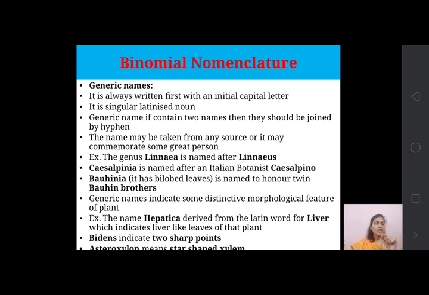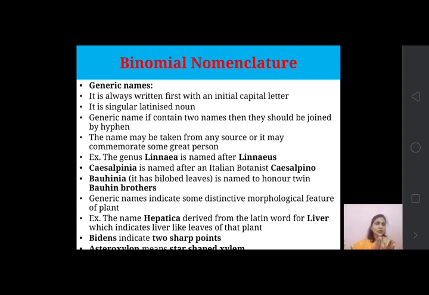So this Bauhinia plant has leaves which show the bilobed structure. The name of that plant is given to honor the twin Bauhin brothers, who discovered, I think, the airplane.